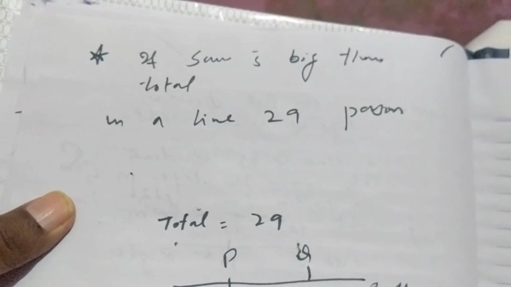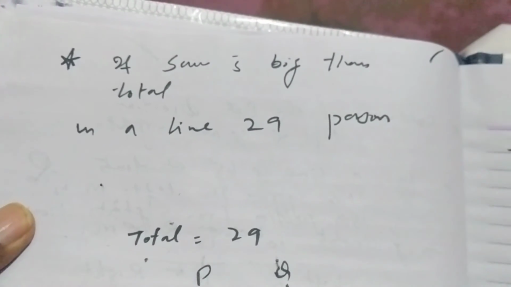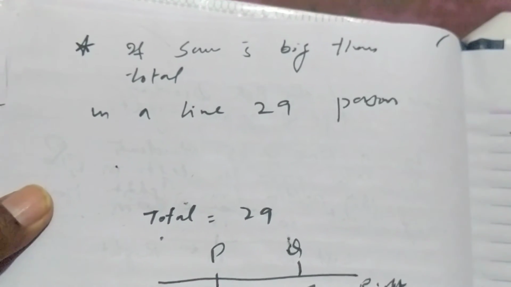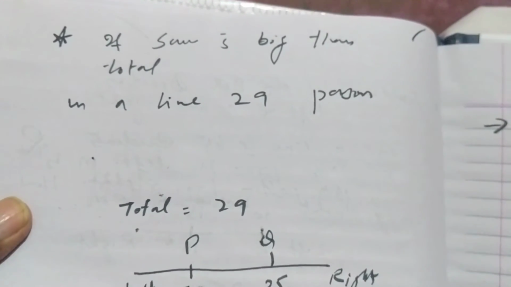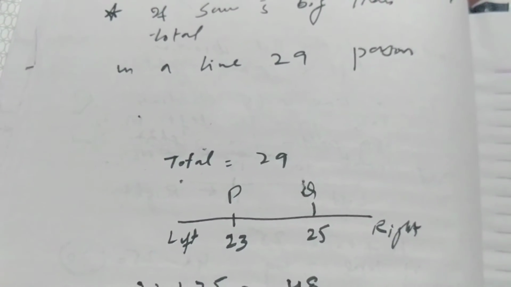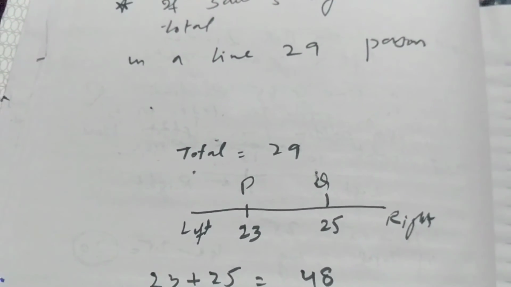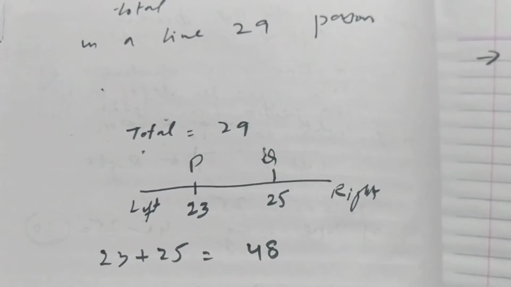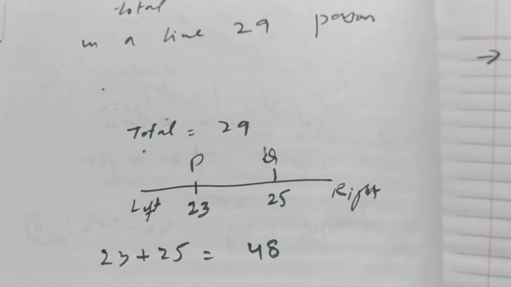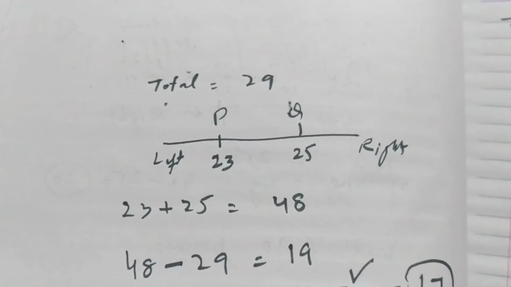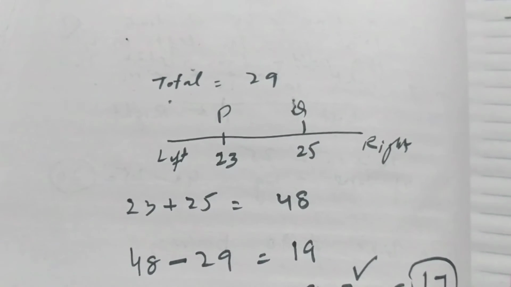Now there is another category of this type of questions. If the sum is bigger than the total, suppose in a line 29 are the total persons, and the positions of two people from left to right, P and Q, are P 23 and Q 25. By adding, 23 plus 25 is equal to 48.